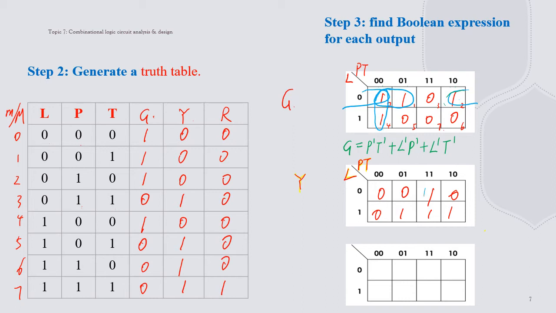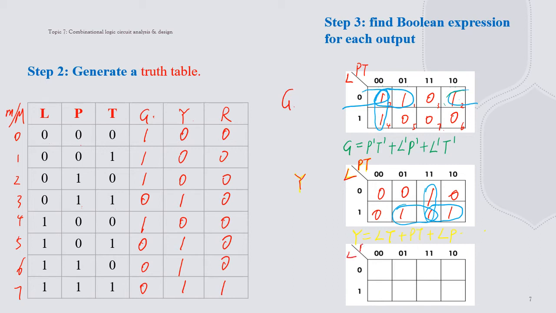Similar thing, we can group these two, we can group these two, and we can group these two. So the expression for the yellow light is equal to, check this group first: L, P is out, but we have T, so LT, or L out, we have PT, or LP.